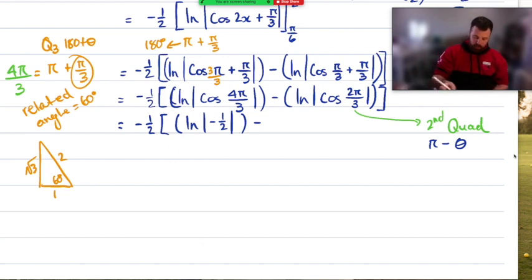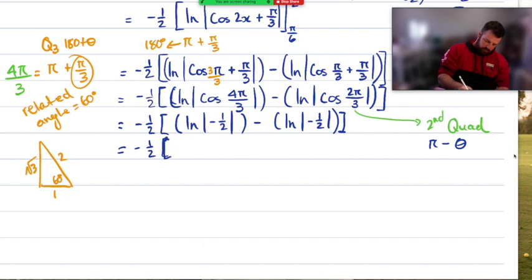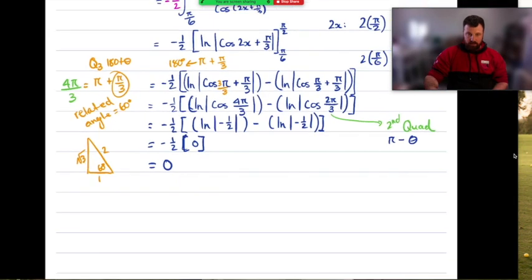So it's 60 degrees, so we've got minus, again, ln, the absolute value of negative half. Alright, well, what we know is that the absolute value symbol here, if we just want to think about our intuitive answer, is just half. So I have ln of half minus ln of half, which simplifies to a half outside of 0. So our final answer here is 0.